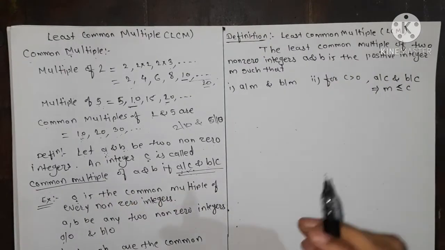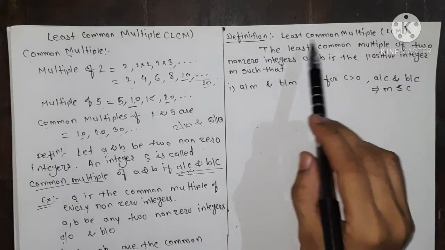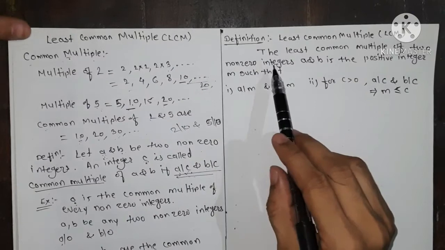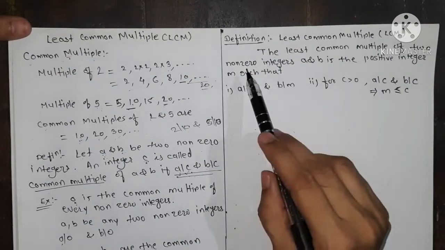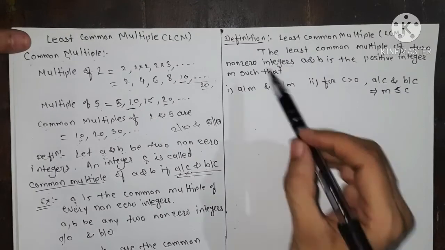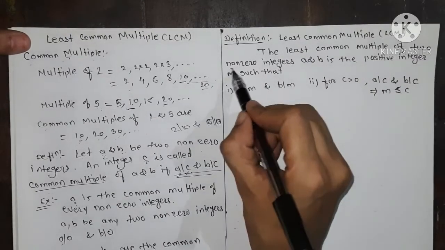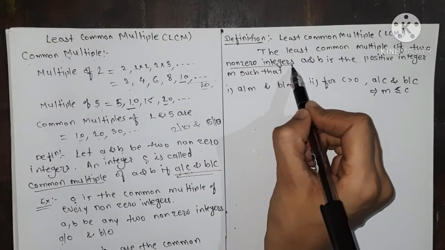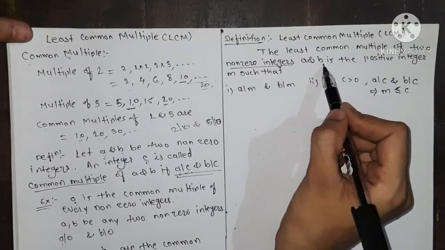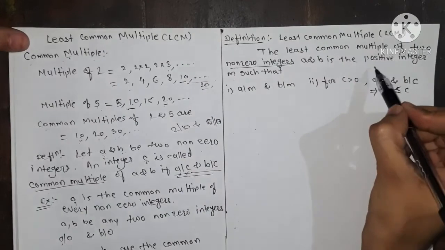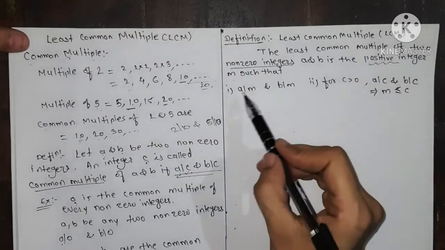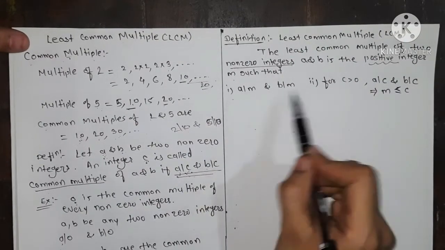So let's see the definition of the least common multiple. The least common multiple of two non-zero integers A and B is the positive integer m.